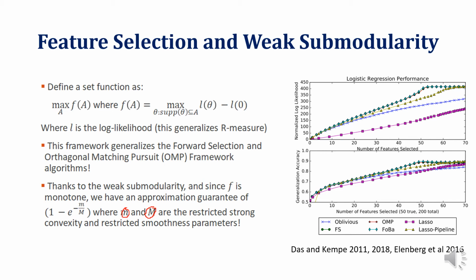We did talk about OMP earlier in the tutorial, and thanks to weak submodularity, since f is monotone, we get an approximation guarantee of 1 minus e raised to minus m by capital M. The small m and capital M, for those familiar with analysis of algorithms for strongly convex functions with smoothness assumptions, are basically the restricted strong convexity and restricted smoothness parameters respectively.